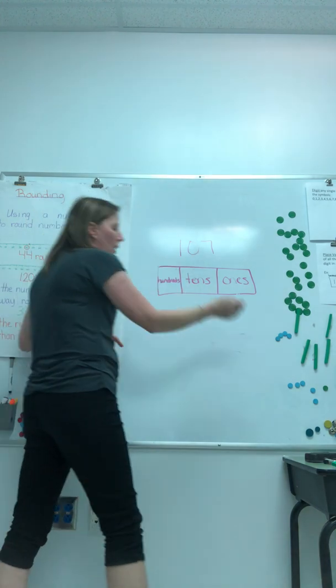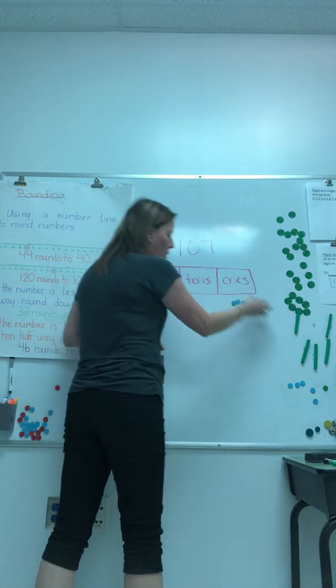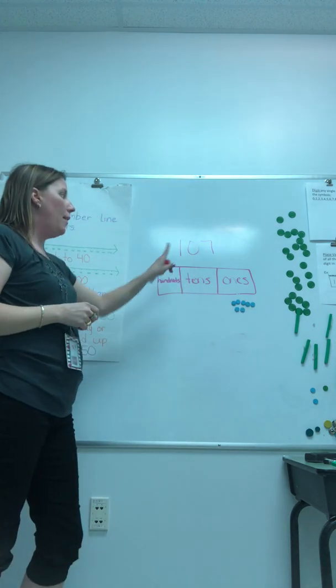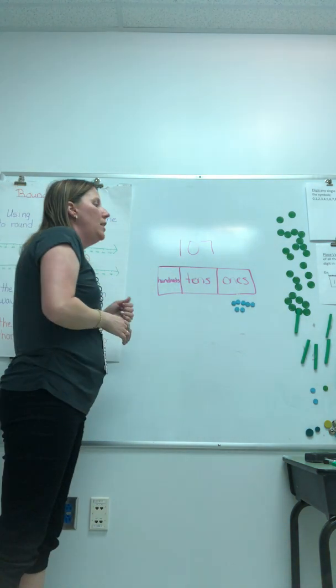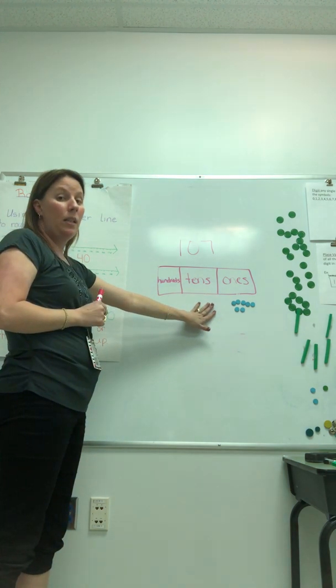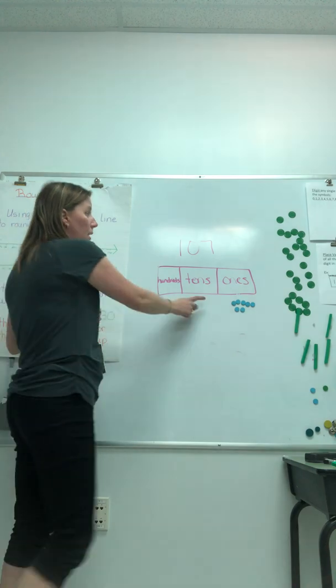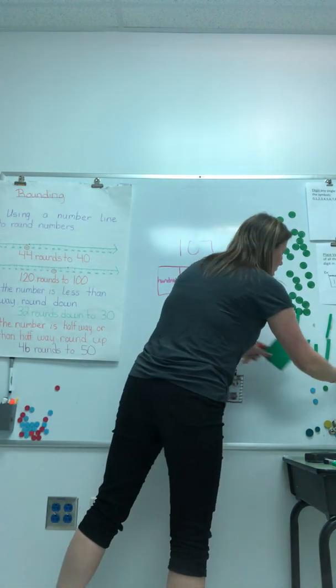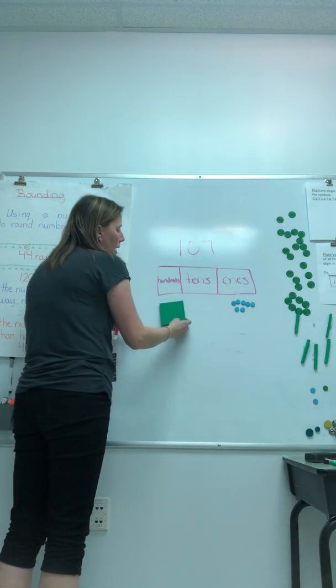It gives me 7. So I'm going to go ahead and put my 7 ones. Okay, and then I look at the number to the left of there, the number in the tens place, 0. So that means that I am putting no tens in the tens place value. And then the hundreds, there's 1 of those. So there's 100.